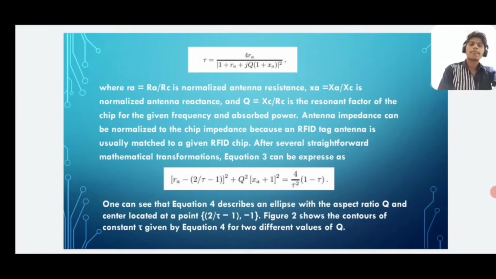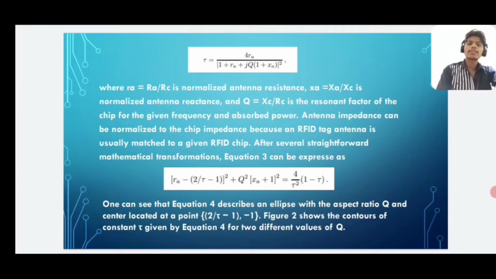absorbed power. Antenna impedance can be normalized to chip impedance because an RFID tag antenna is usually matched to a given RFID chip. After several straightforward mathematical transformations, equation 3 can be expressed as (ra minus (2 over t minus 1)) squared plus q squared times (xa plus 1) squared, which equals 4 over t squared times (1 minus t).